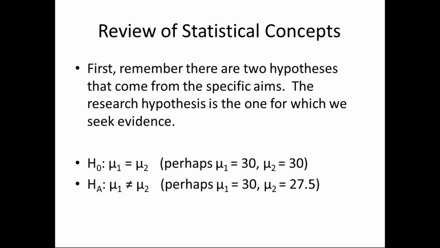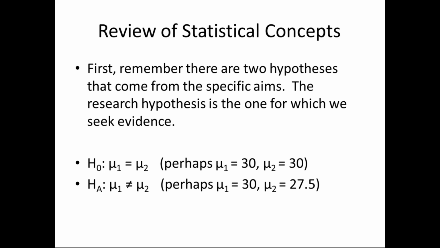You've just made an assumption that puts you in the situation where the null is true. There are other possibilities. You could have assumed mu1 is 25 and mu2 is 25. There are plenty of ways to do that. But once you've set it, any other pair that does not give you equality is technically under the alternative.